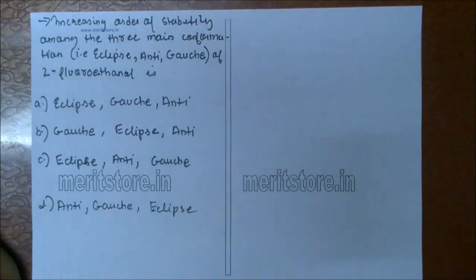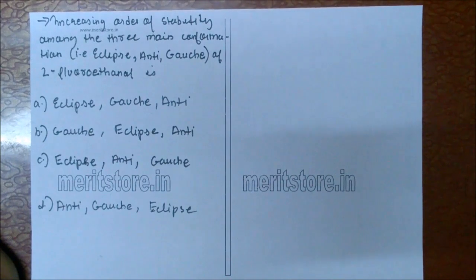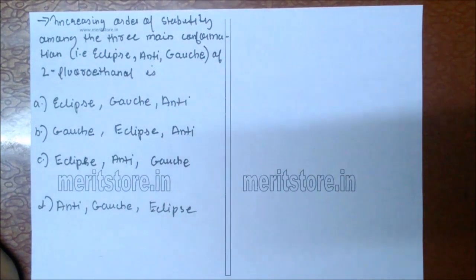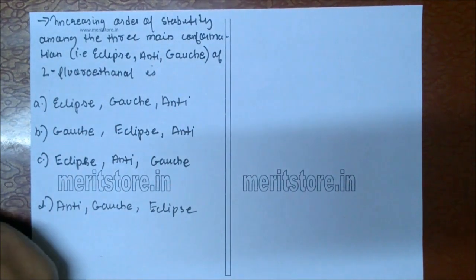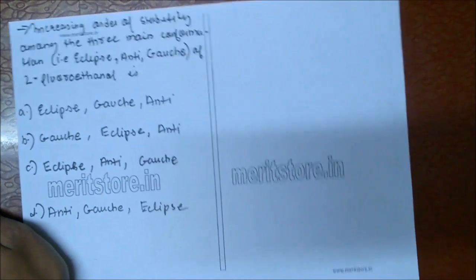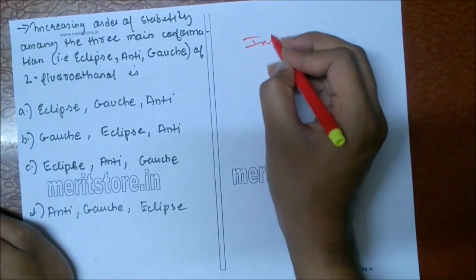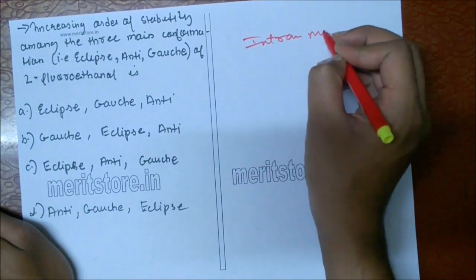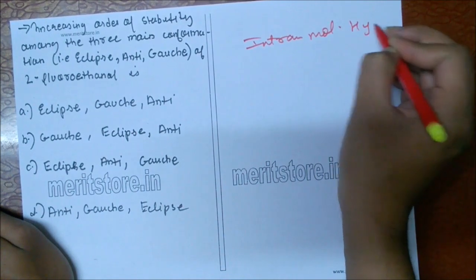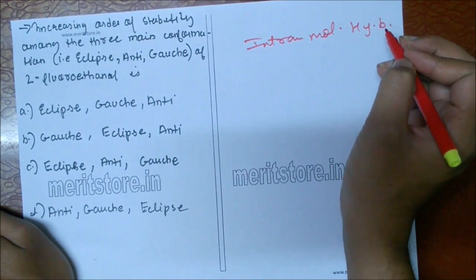What is the order of stability among the three main conformations of 2-fluoroethanol? The extent of intramolecular hydrogen bonding decides the stability sequence.